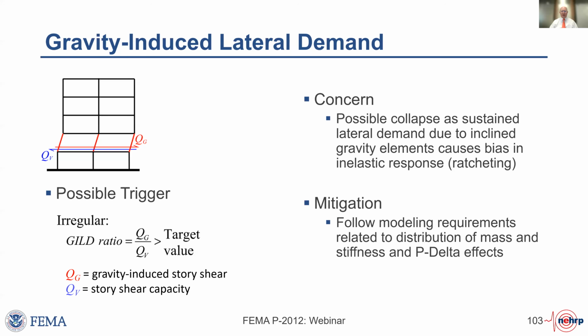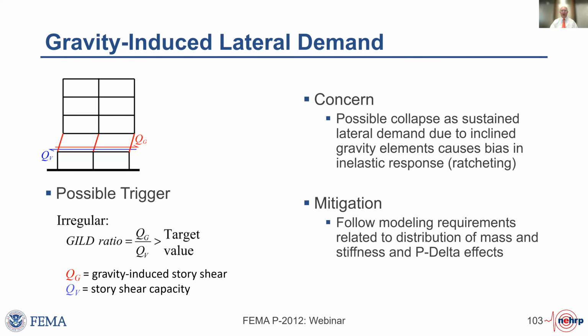So even if there's a single sloping column, there are thrusts induced in the system that should be considered. That's the behavior, that's the background of why it's a concern. I wish that the change had been made in ASCE 7.